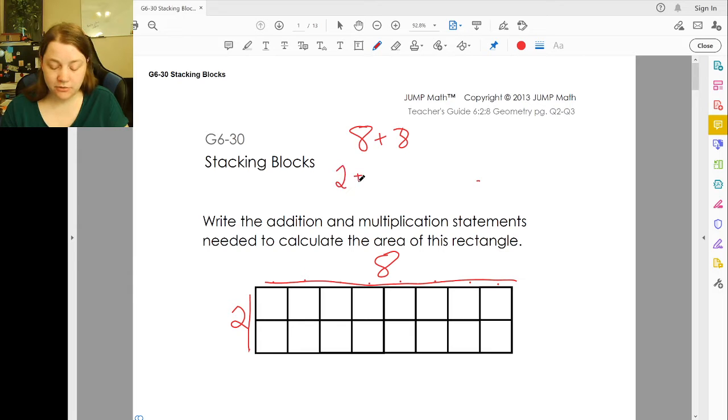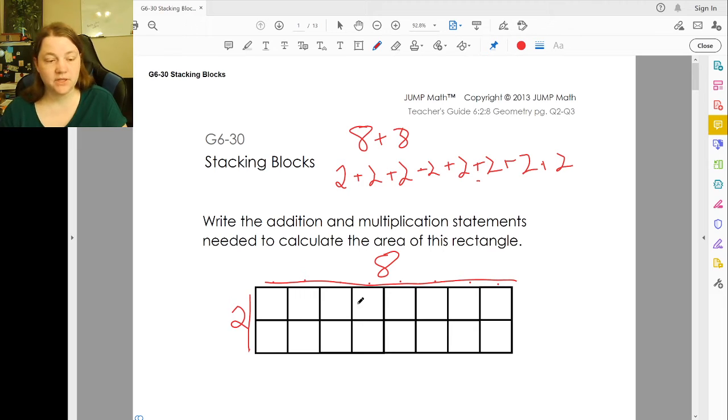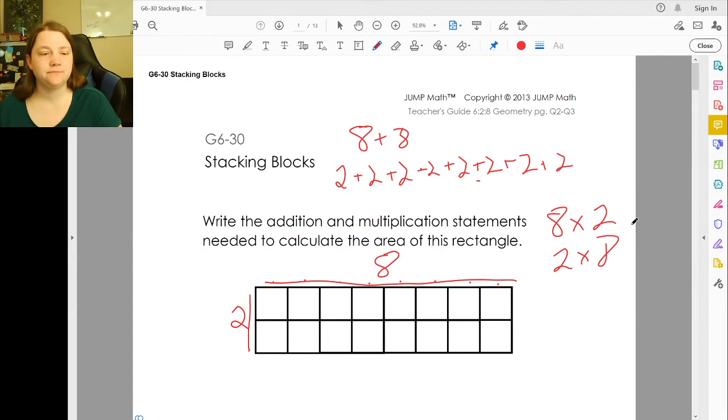We could add 2 plus 2 plus 2 plus 2 plus 2 plus 2 plus 2 for all of the different columns. Or we could just go ahead and multiply 8 times 2, or 2 times 8.